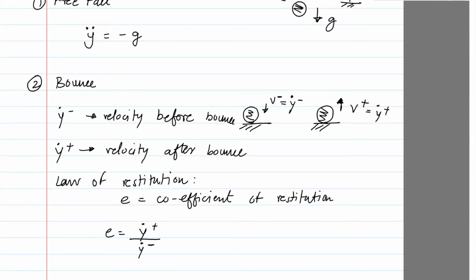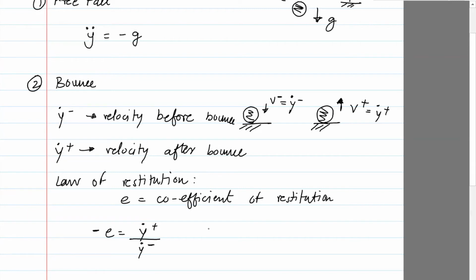Our day-to-day experience tells us that the velocity after bouncing off will always be less than the velocity before bounce, right? And I forgot the sign. Sorry about that. It's actually minus E, because the velocity is going to be redirected. That's why we have the negative sign.